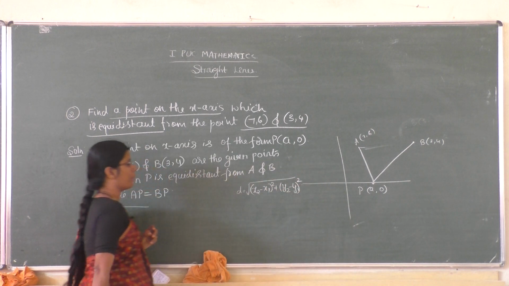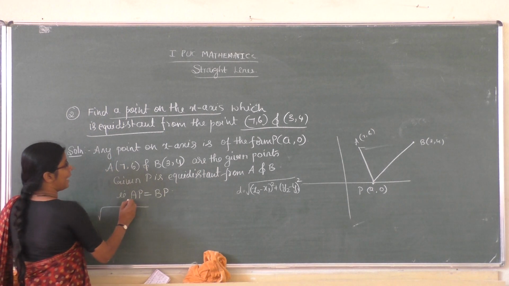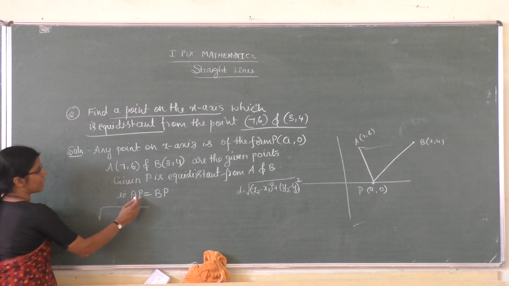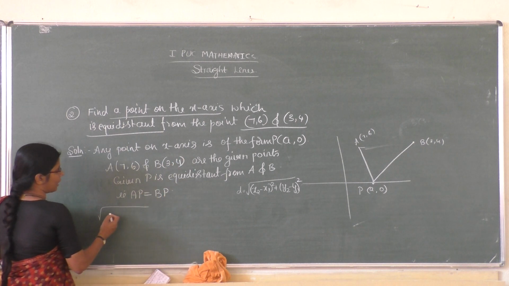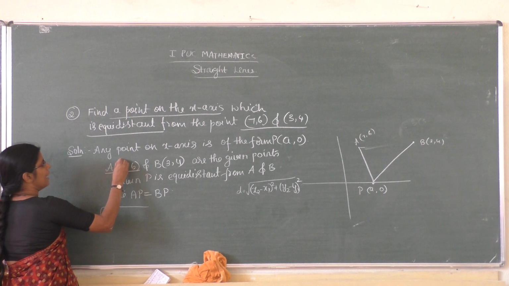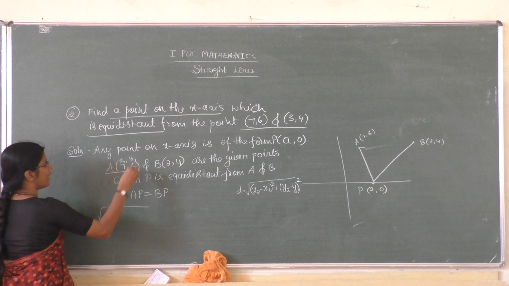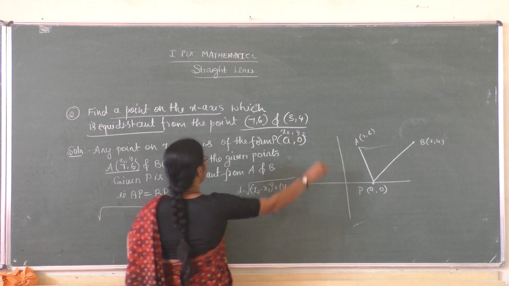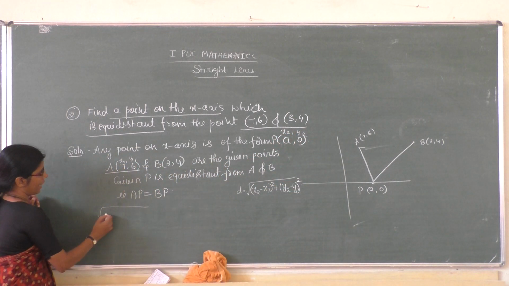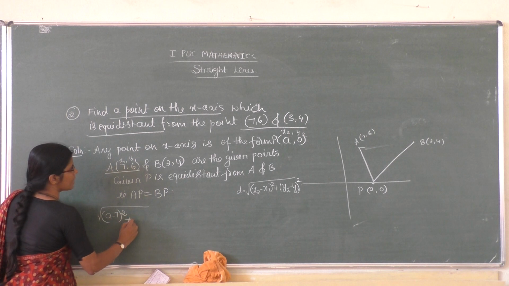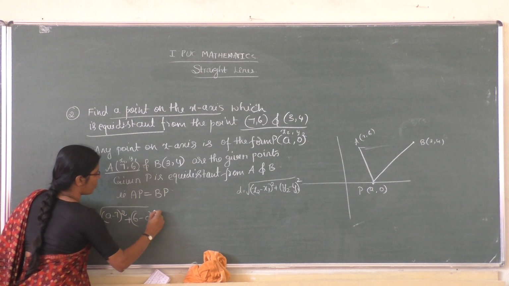We have to use this formula. So here AP, what happens? We take P as (a,0), and A is (7,6). So here this is x1 y1, and this is x2 y2. Clear? So (a minus 7) whole square plus (6 minus 0) whole square.